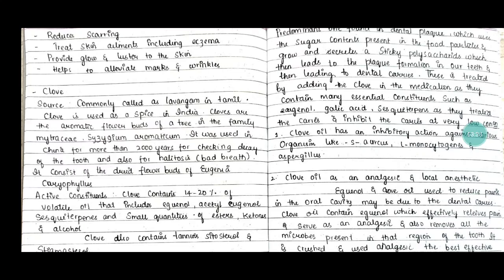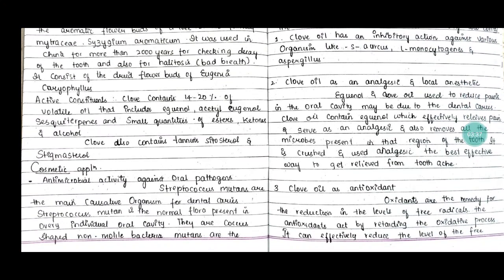It consists of the dried flower bud of Eugenia caryophyllus, and the active constituents of clove include 14 to 20% of volatile oil that includes eugenol, acetyl eugenol, sesquiterpenes and small quantities of esters, ketones and alcohol. Clove also contains tannins, sitosterol and stigmasterol.